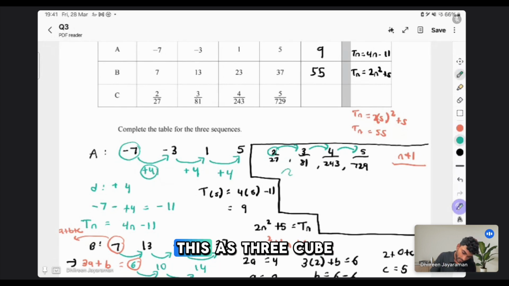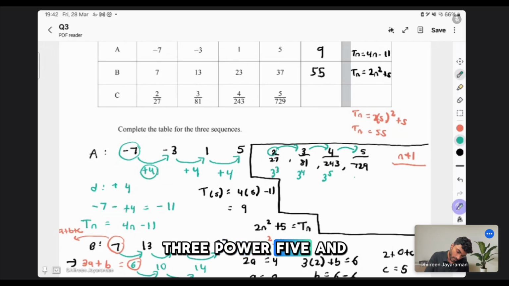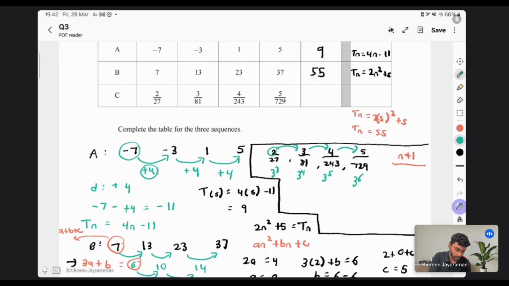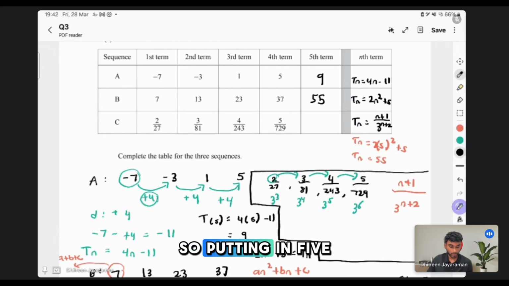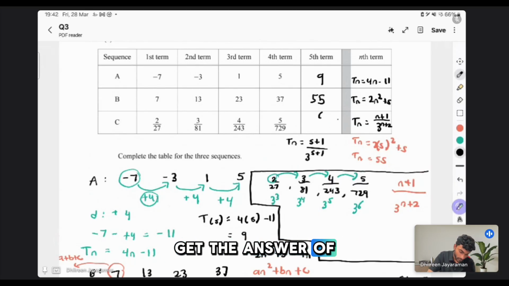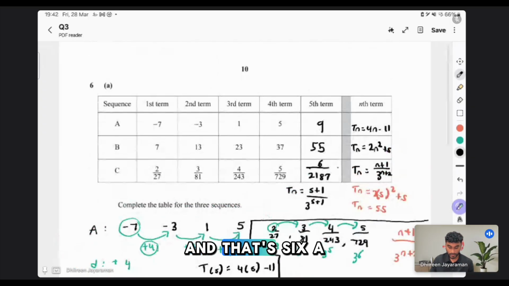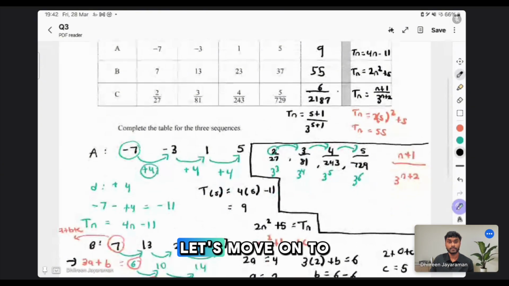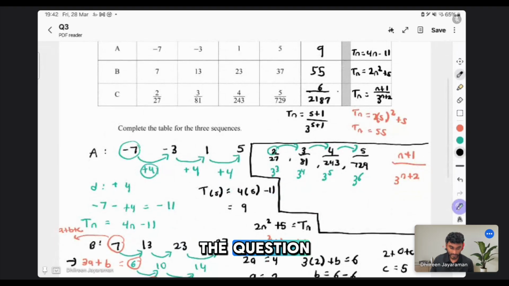So I would write this as 3 cubed, 3 power 4, 3 power 5 and 3 power 6. So the power for this is n plus 2. Putting in 5, we will get the fifth term for sequence C. Replacing this, we'll get the answer of 6 over 2187. And that's 6a. Let's move on to the next part of the question.